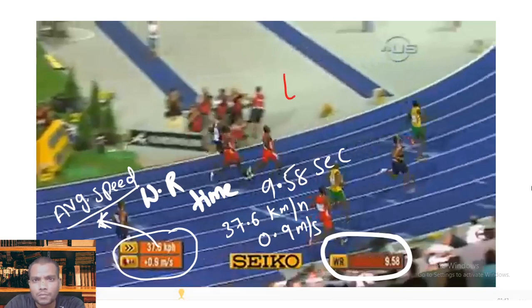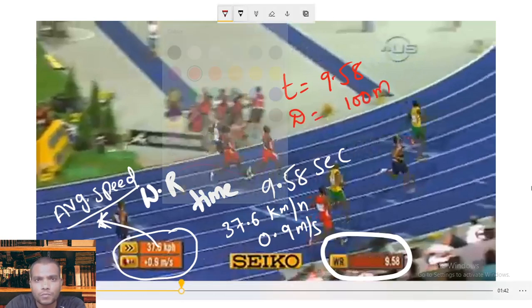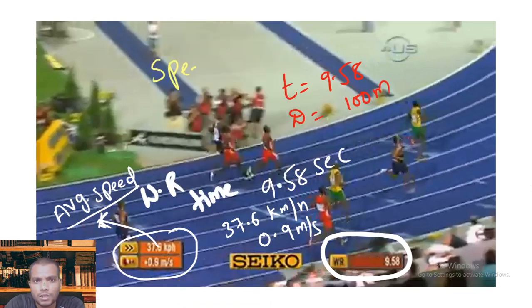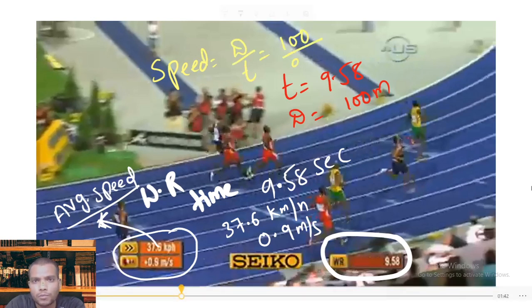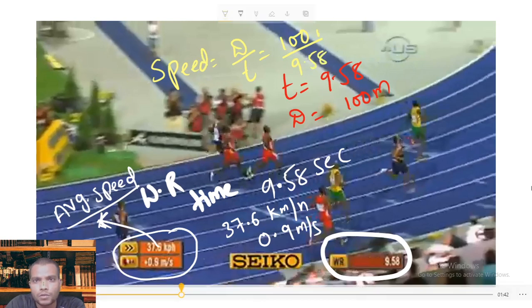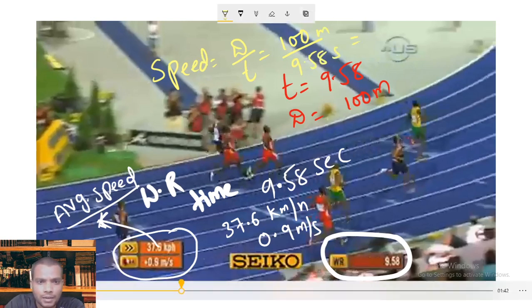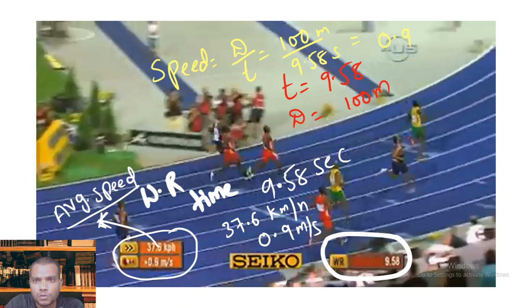We know the time, t equal to 9.58, and we know the distance, d equal to 100 meters. So this is a 100 meters race. To calculate speed, we need only these two things. Speed equals distance upon time. So distance equals 100 meters upon 9.58, in meters per second, and we will get that value as approximately 10.44 meters per second.